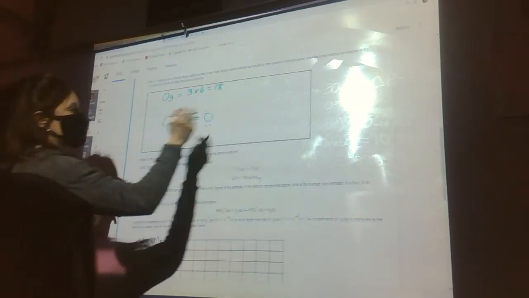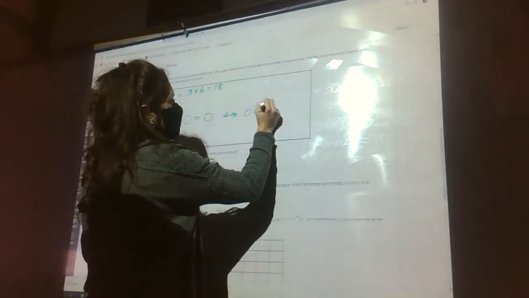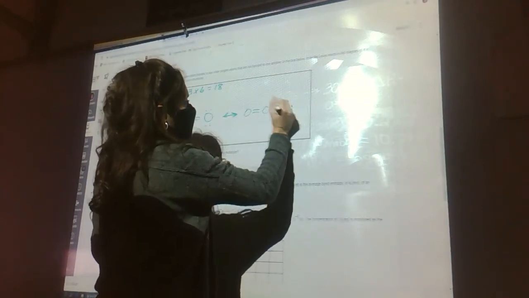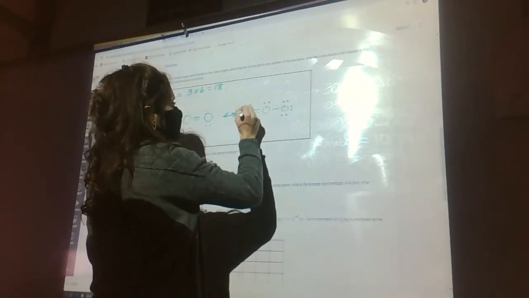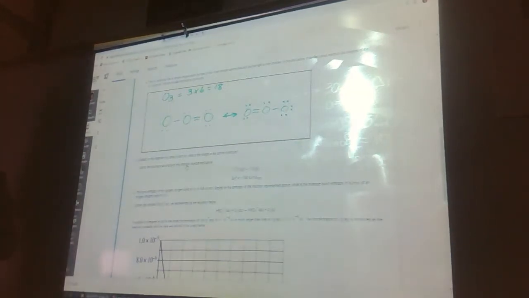And then because there's a double bond, you have to include resonance. Questions on that?